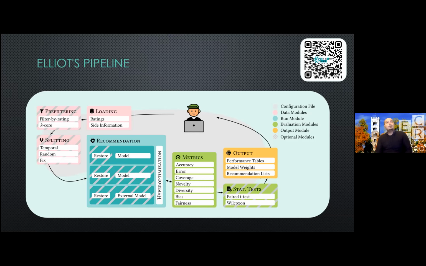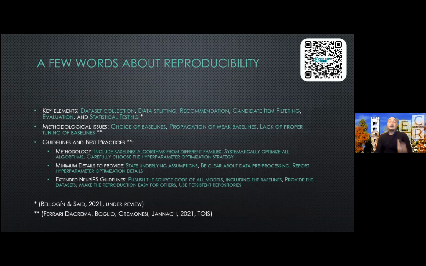And then we focused on the recommendation models. We implemented, to date, 50 recommendation models that you can use. If we go back for a moment, one of the suggestions that come from Dacrema, Cremonesi, and Jannach is that you should compare your method against the recommendation models that come from other recommendation families.